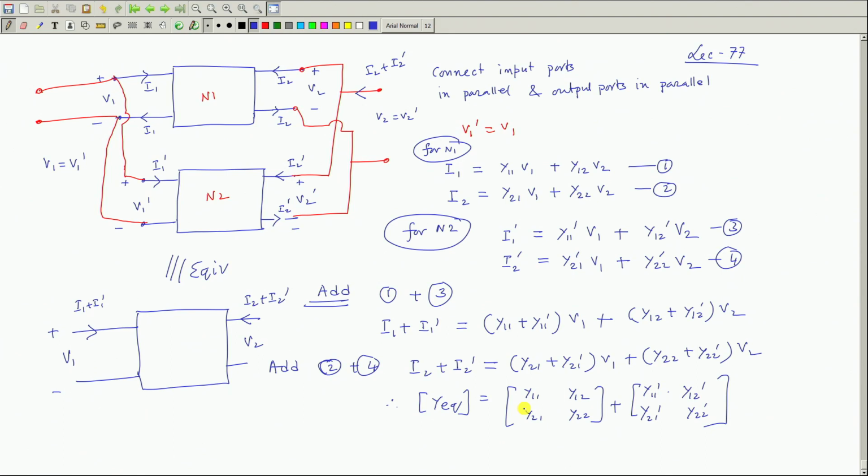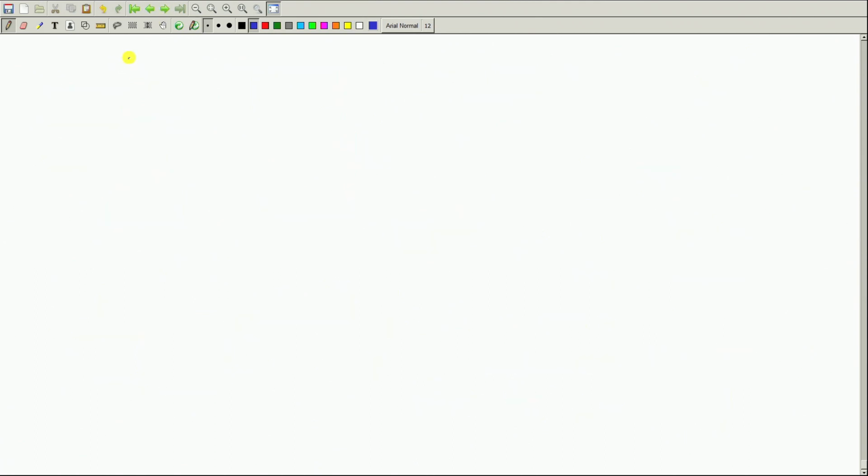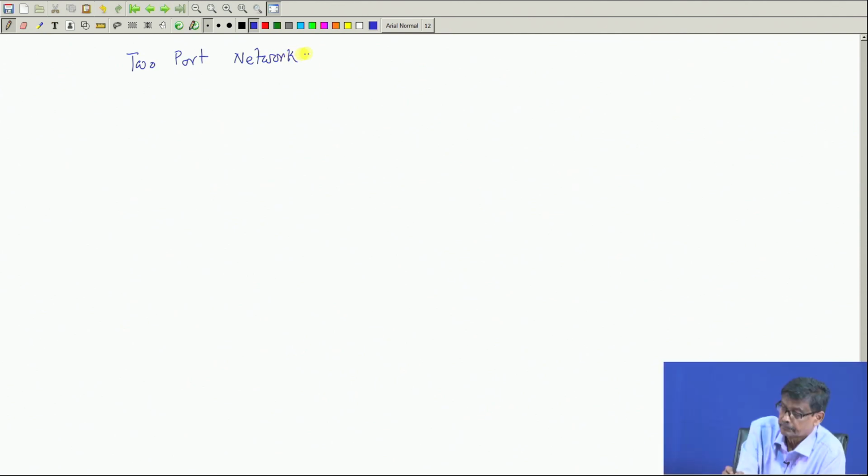Now, there is another interesting connection which is called cascade connection. Two 2 port networks in cascade.